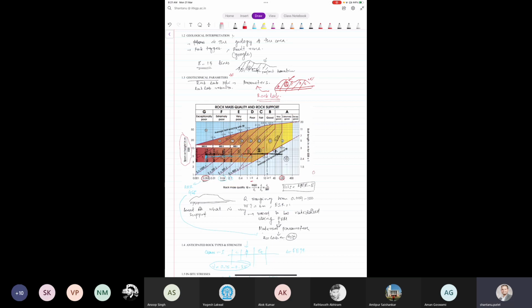So for a Q value of 0.5, you need to calculate the corresponding value of RMR. RMR equal to what? And if you know the RMR, you can calculate GSI equal to RMR minus 5. You just calculate it like that.